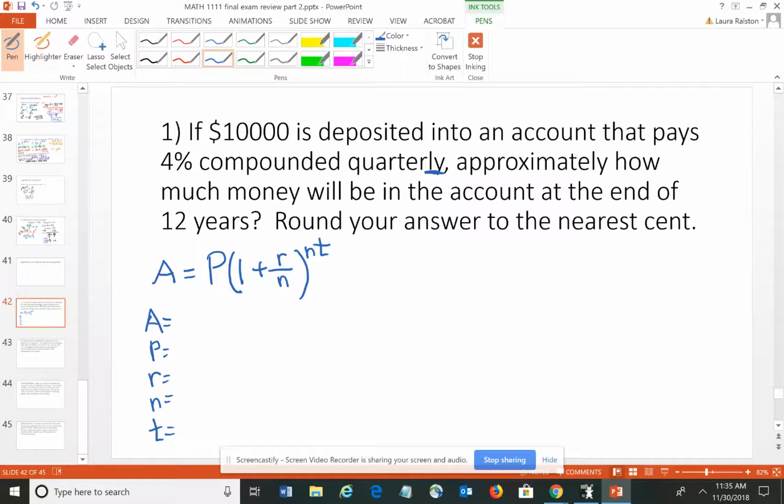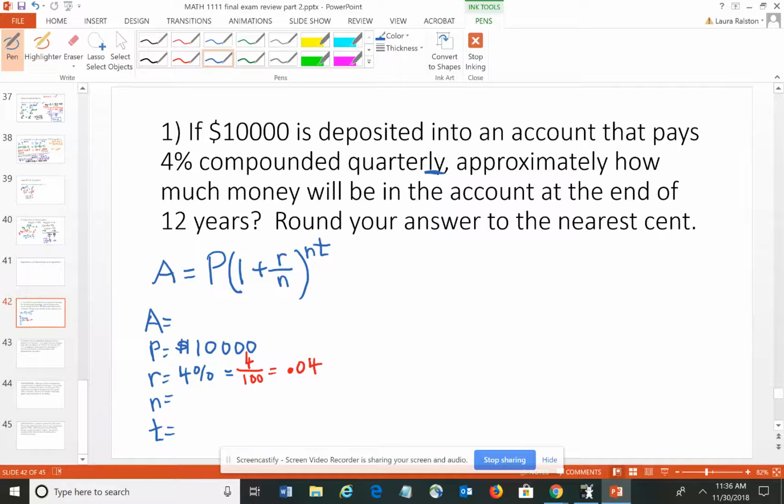If I go back and read through the problem again, it says $10,000 is deposited. So that's the initial amount, or my principal, which is P in the formula, that pays 4%. The percentage is always your rate of interest. Remember, we need to write that as a decimal, so we take 4 divided by 100, which becomes 0.04 when we plug it into the formula.